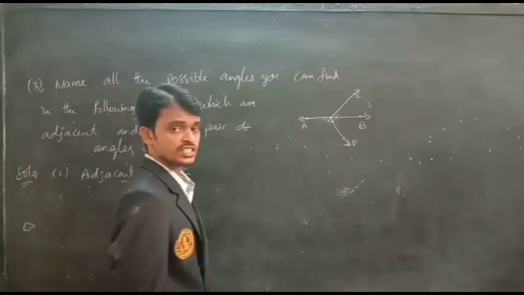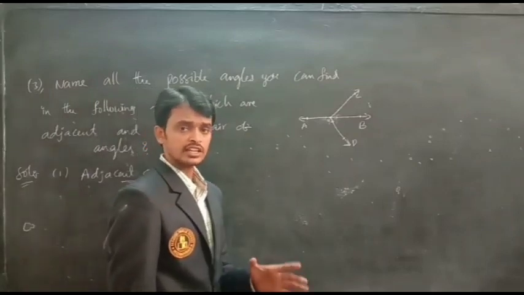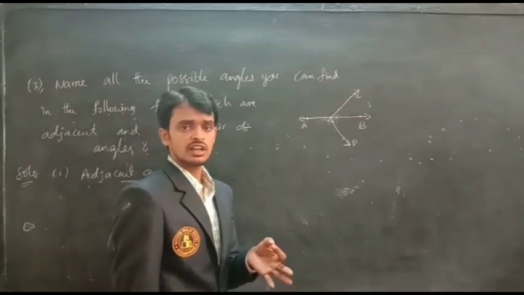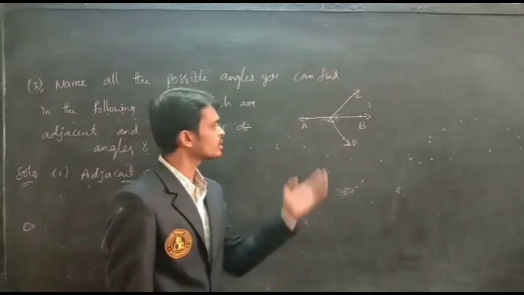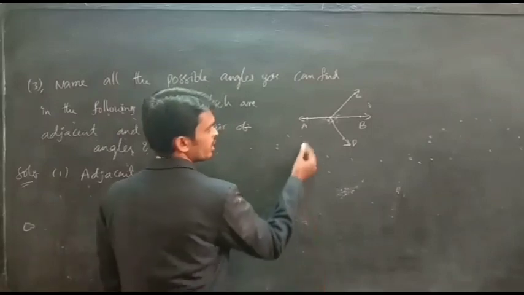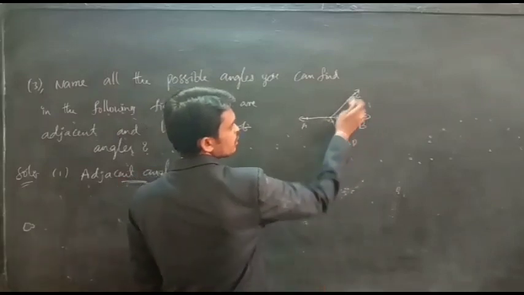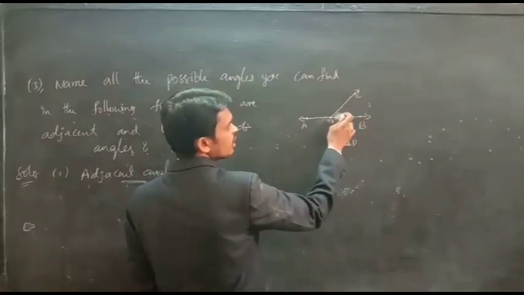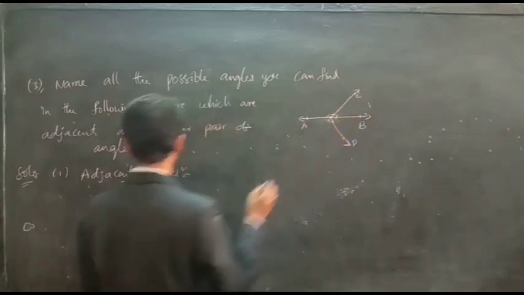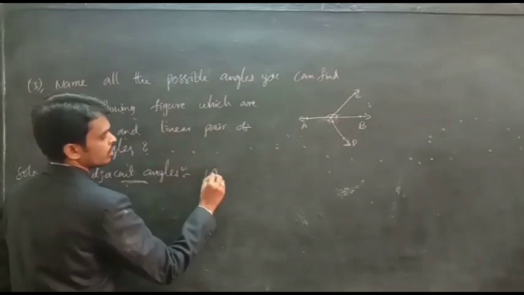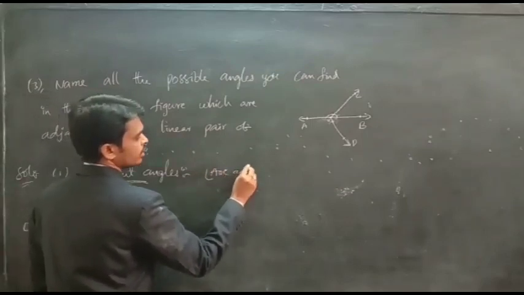Look here, adjacent angles are two angles that have a common arm and a common vertex. Look here, angle AOC and angle BOC. These two are called adjacent angles. Why? Because of common vertex and common arm.